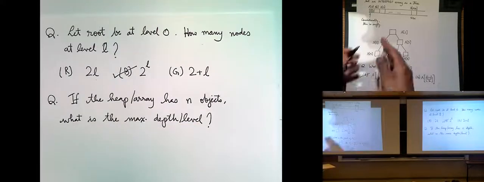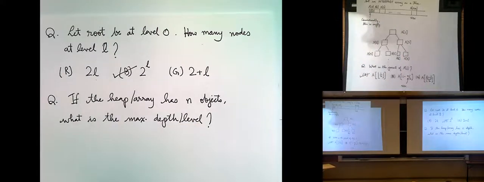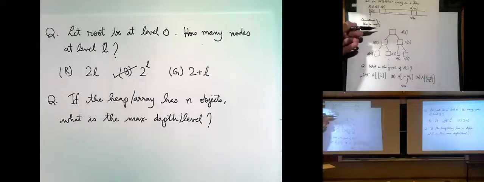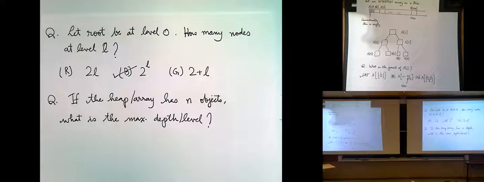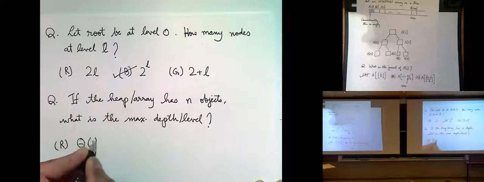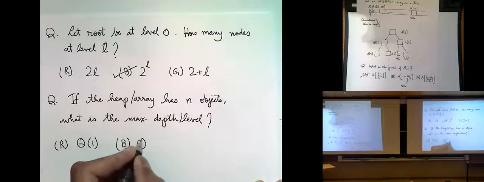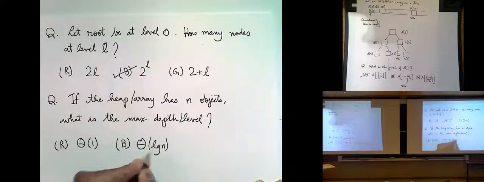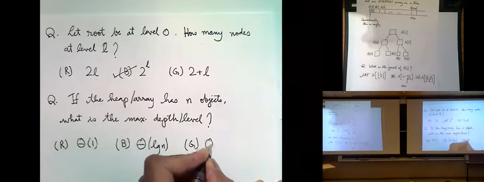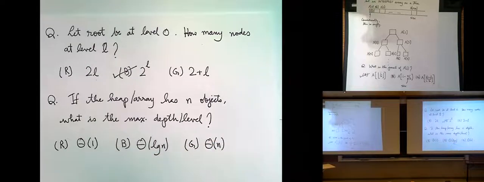Okay, so I'm saying suppose this heap has n objects in it. How many levels do you have to go down to basically get all the objects? Is it theta of 1, theta of log n, or theta of n?